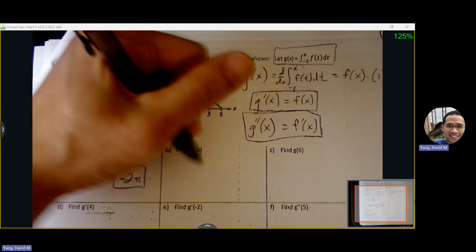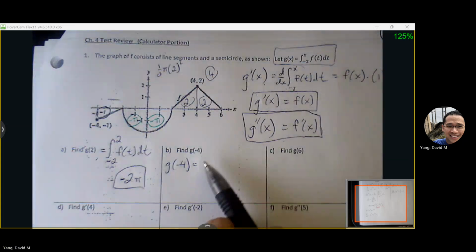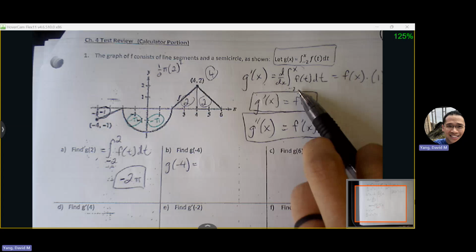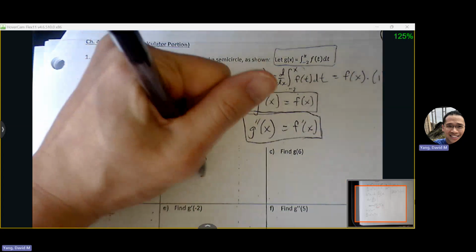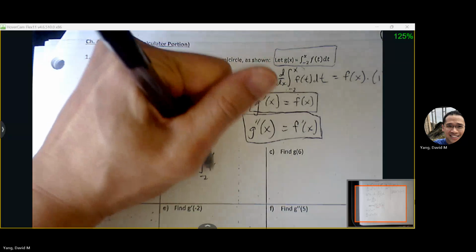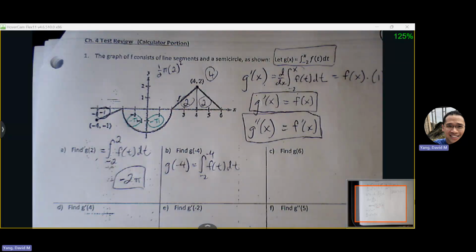Find g of -4. -2 to -4. That's what the definition says. Now, we're definitely looking at the region between -2 and -4, but what do you notice, especially if we're trying to read something off of a graph?